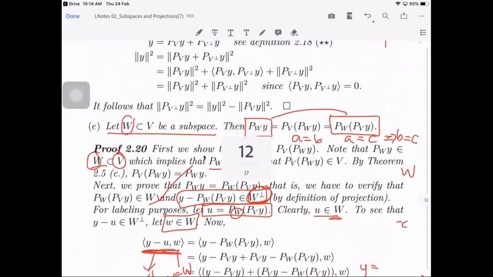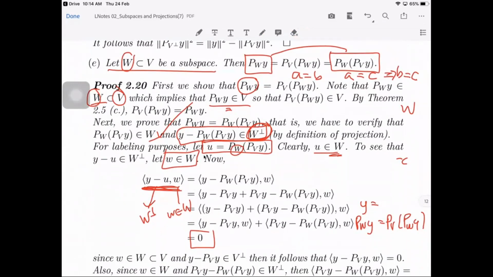Okay. So this one. What happened here? Add and subtract. Okay. Function of ano man siya?